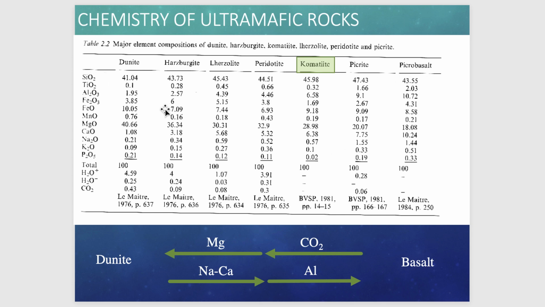But if we look at the other elements, for example, aluminum should follow a similar pattern, but we do see a dramatic change here. So if we compare a dunite with a picrobasalt, we can see a major distinction. So 10 times more aluminum content in a picrobasalt compared to a dunite.